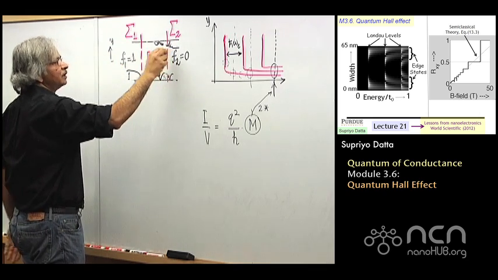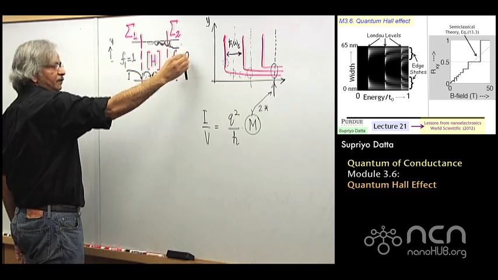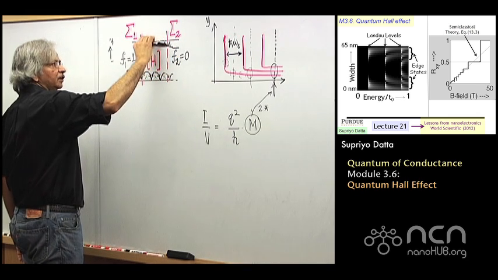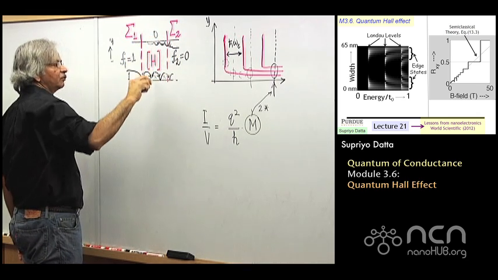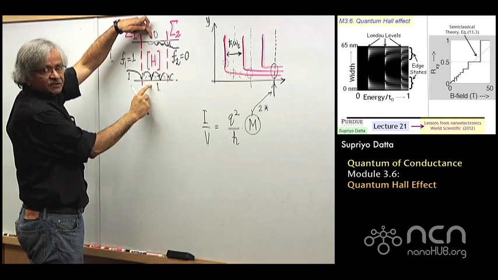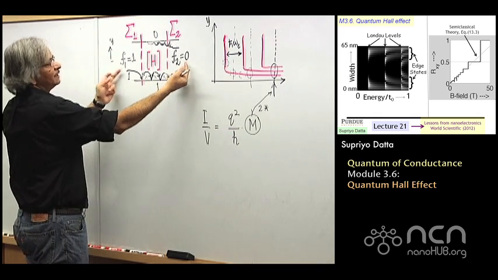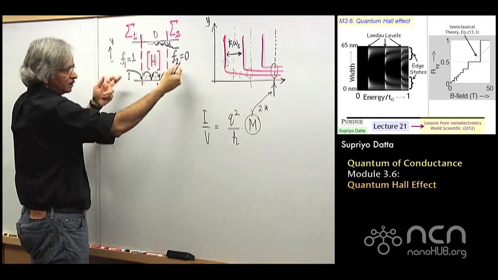And if it's 0 here, it's 0 all the way along here. So it's like 0 here and 1 here. So if you measure the transverse Hall voltage, what you basically get is just the total voltage between the contacts.